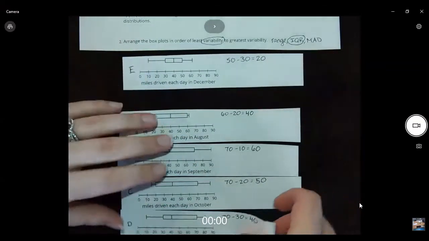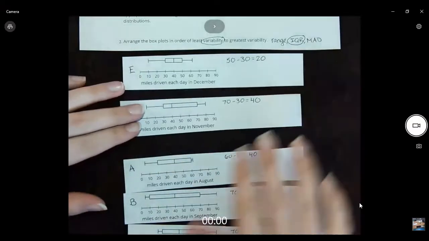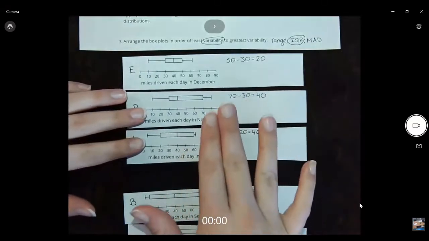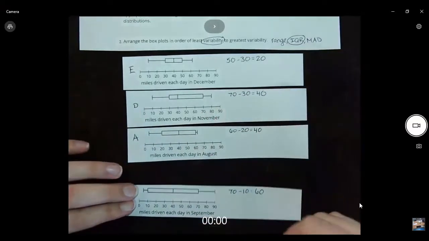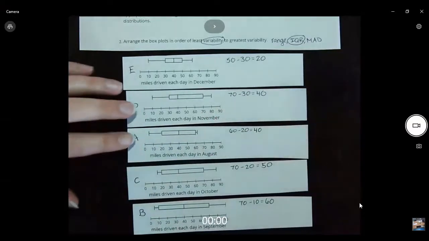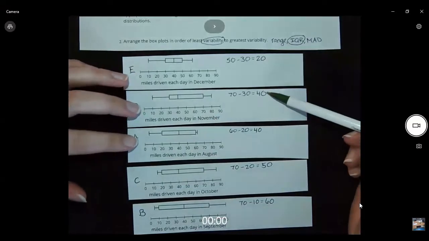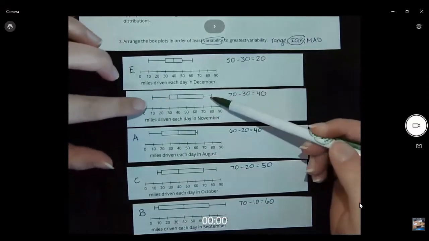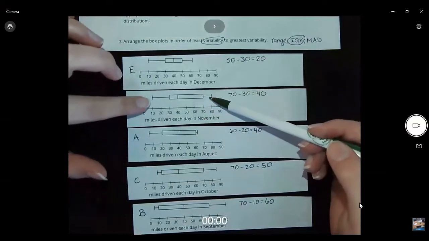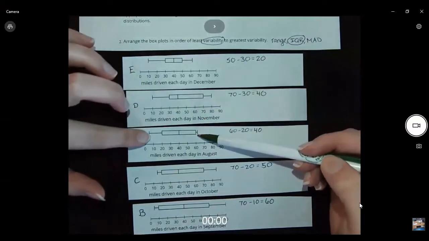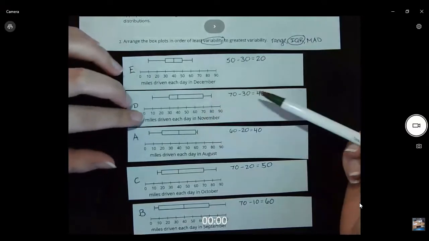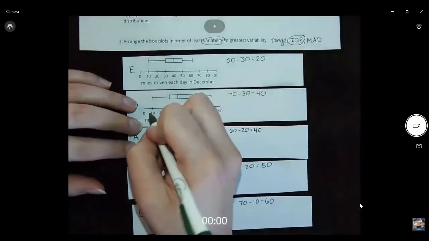And then we have 2 of them that have 40, so we need to look in a little more detail to separate which is the least. And then we have 50 and we have 60. Now looking at these 2 with 40, since they have the same interquartile range, but you can notice that the variability is not spread out the same, we can actually use the range to help us get more specific.